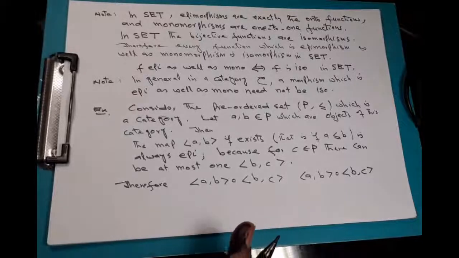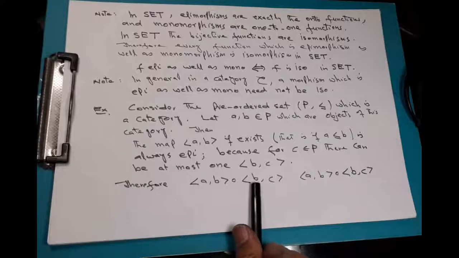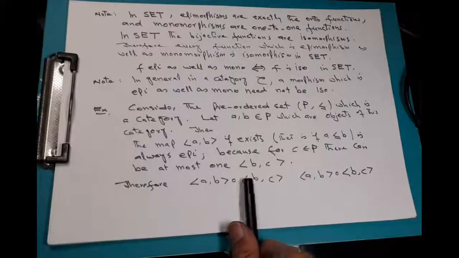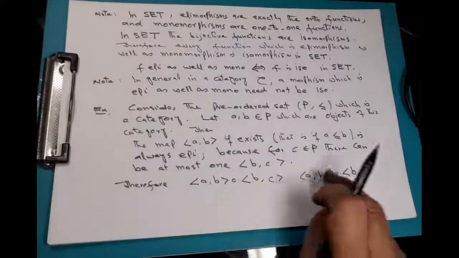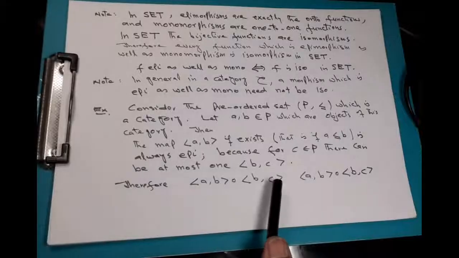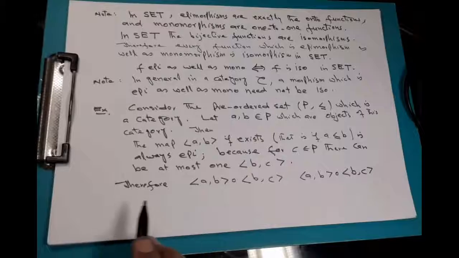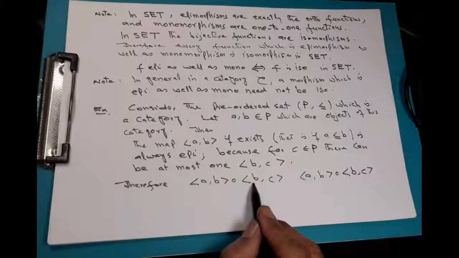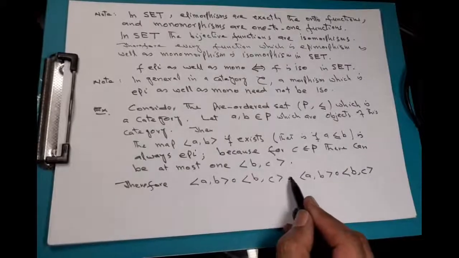But since from B to C there is exactly one arrow, G and H are the same, because there cannot be more than one arrow from B to C. So if there is an arrow from B to C, this is the only arrow from B to C. Therefore this composed with G is equal to this composed with H, and G and H are going to be the same.